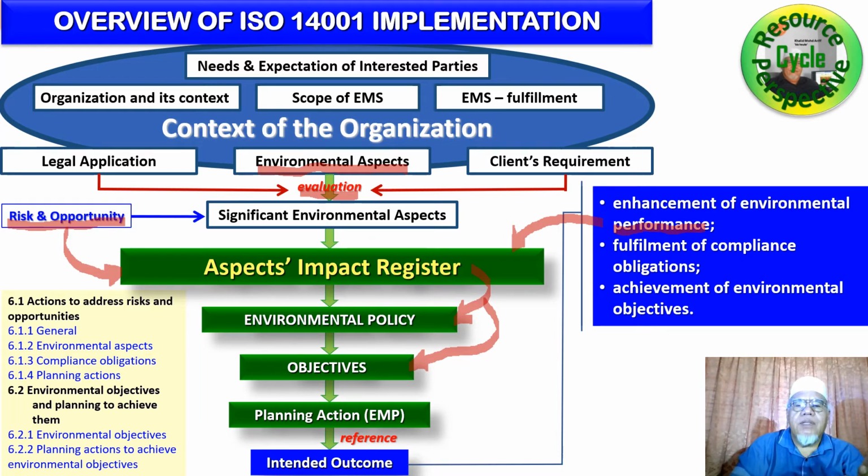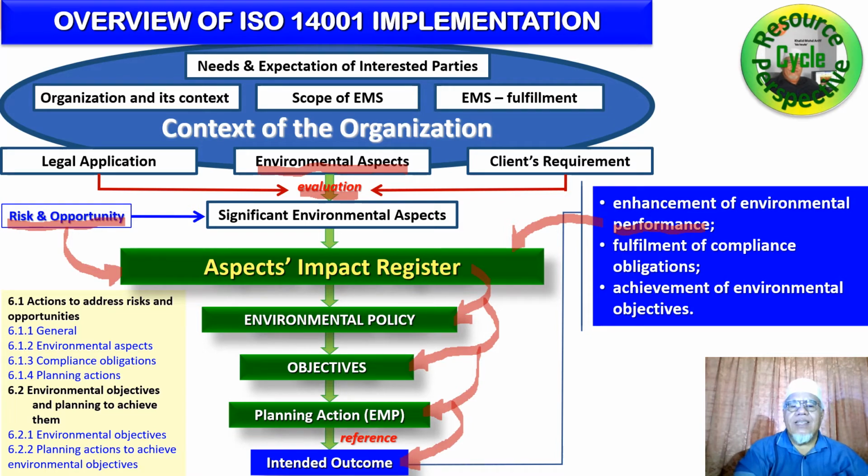And after having developed objectives, we start to do our, we call it the environmental management program, and this constitutes what we call in ISO 14001 version 2015 the intended outcome. So we don't have to change the title of our EMP.